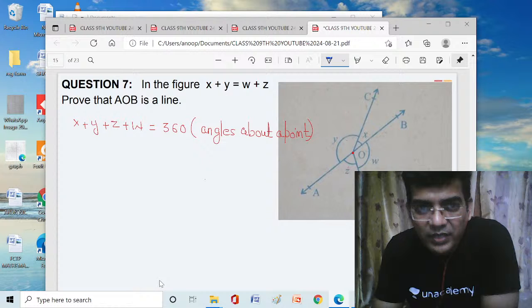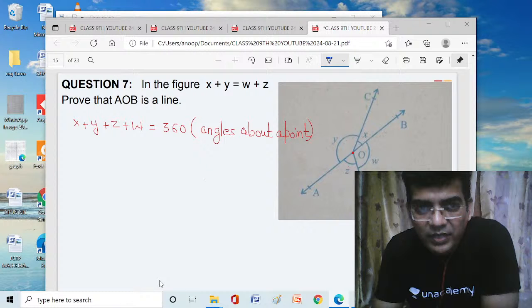So I'm going to replace w plus z in this equation with x plus y. How can I replace it with x plus y? Because it is given in the question that w plus z is equal to x plus y.